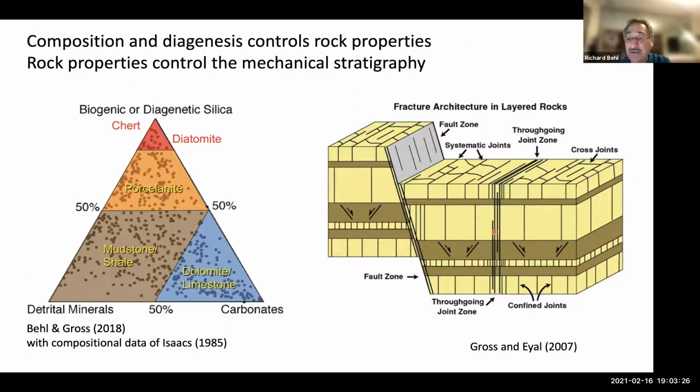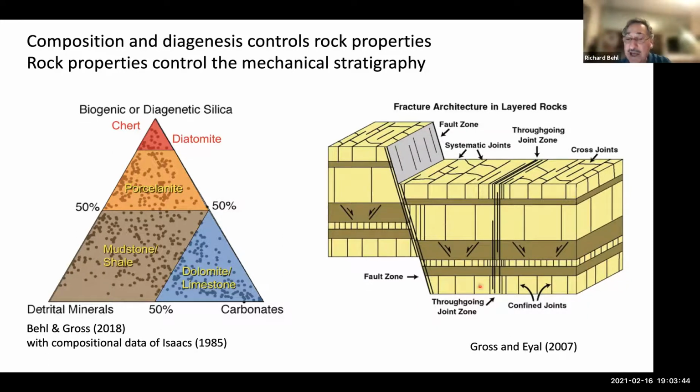Now you can have through-going fracture sets or joint swarms or fracture swarms that will go all the way through multiple beds, and these form by these other fractures linking up over time and creating a zone that's become weak and a lot of strain occurs upon them.